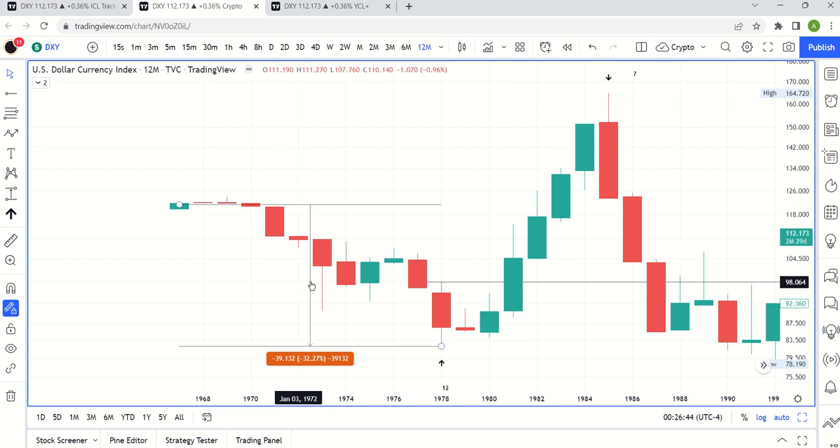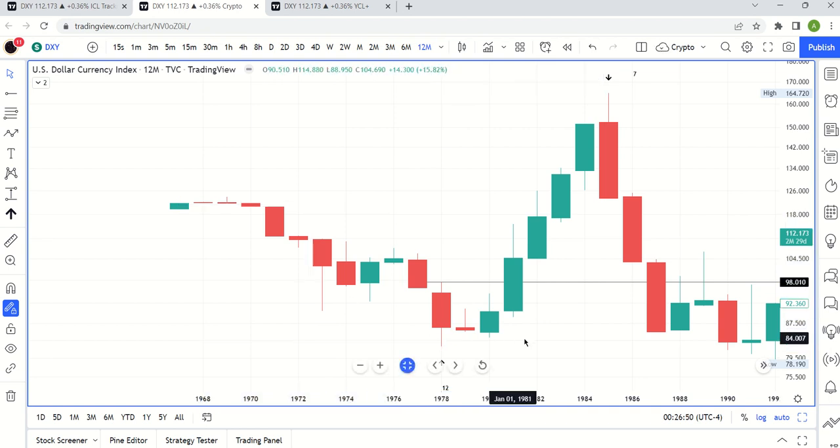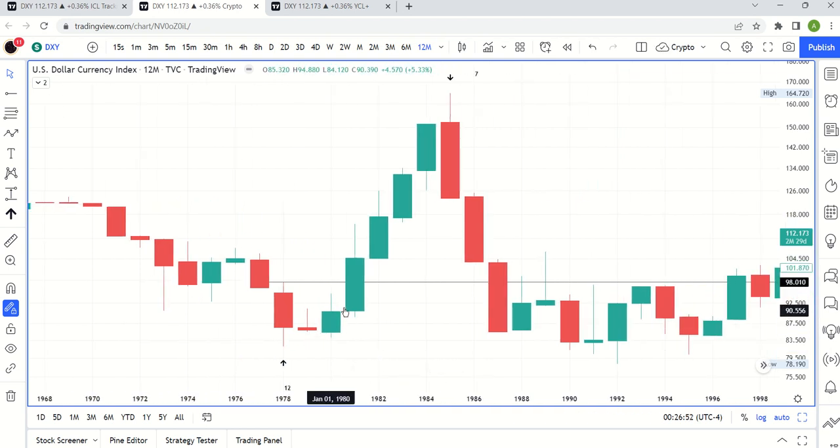And so in that 12-year period, you have a decline of a little over 32%. And then you have this period where you rise for 7 years. So that's 1, 2, 3, 4, 5, 6. And then this is year 7.